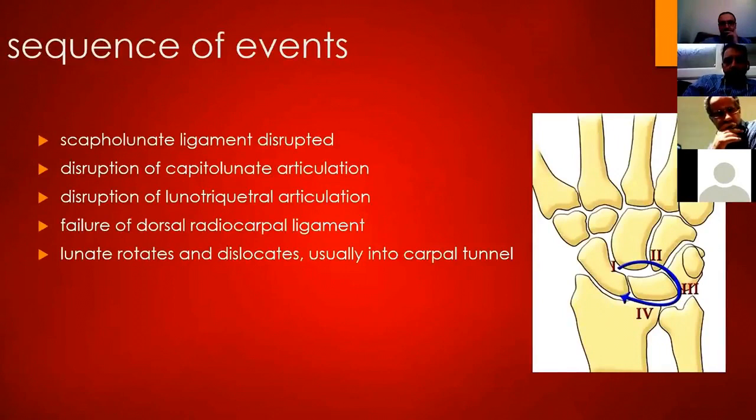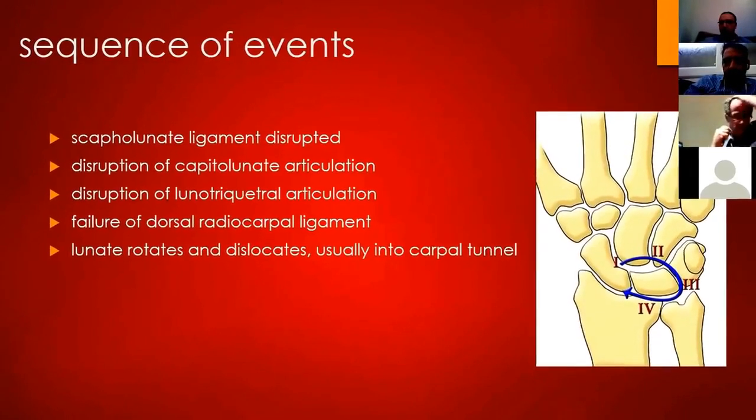The sequence of events in this injury starts from the scapholunate ligament disruption, followed by disruption of the capitolunate articulation. Subsequently, there is disruption of the lunotriquetral articulation, followed by failure of the dorsal radiocarpal ligament, which leads the lunate to rotate and dislocate, usually into the carpal tunnel, which is volar.